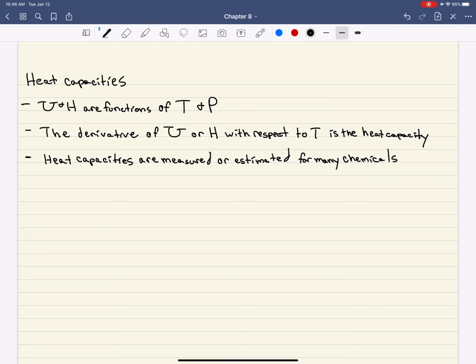And these heat capacities are useful because they provide molecular information. And so we can learn more about a particular molecule that's created by a specific reaction just by looking at and measuring its heat capacity.